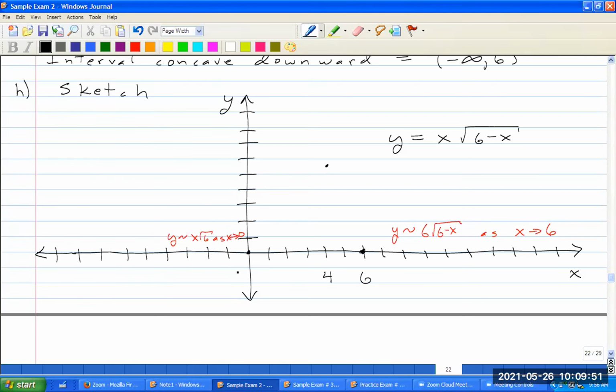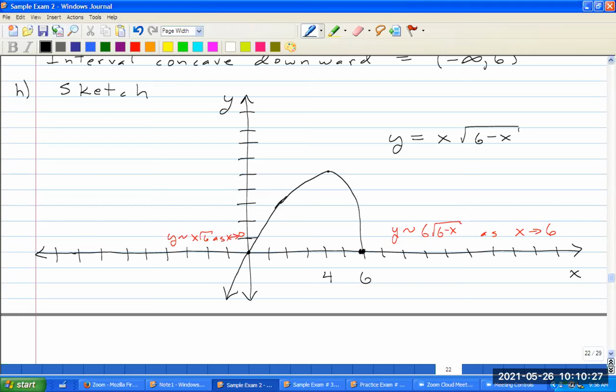And it's always concave down. Maximum, then just there. Let's make it nicer. Okay, good enough. It's a little wobbly here, but that's more or less what it looks like.